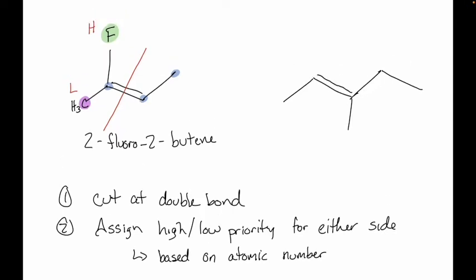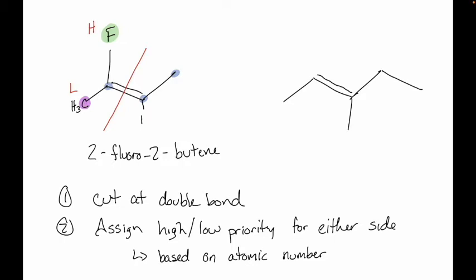So now I'm going to do the same thing on the other side of the double bond. Again, my goal is to assign high and low priority for this other side, this right side of my double bond. First of all, you got to remember that there is a hydrogen right here. Make sure that we can see where our implicit hydrogens go.